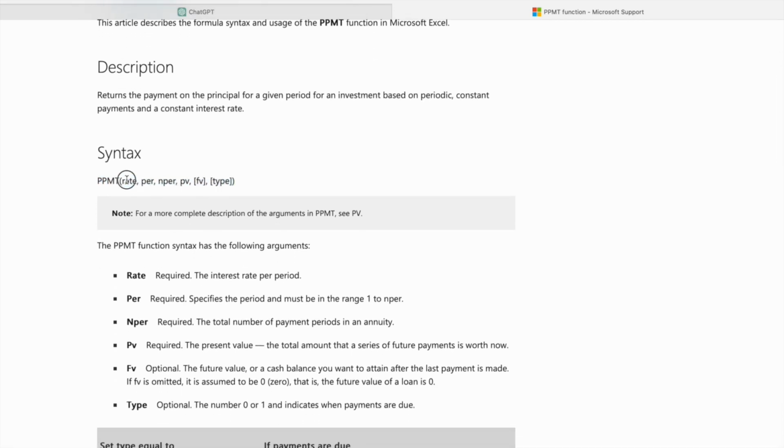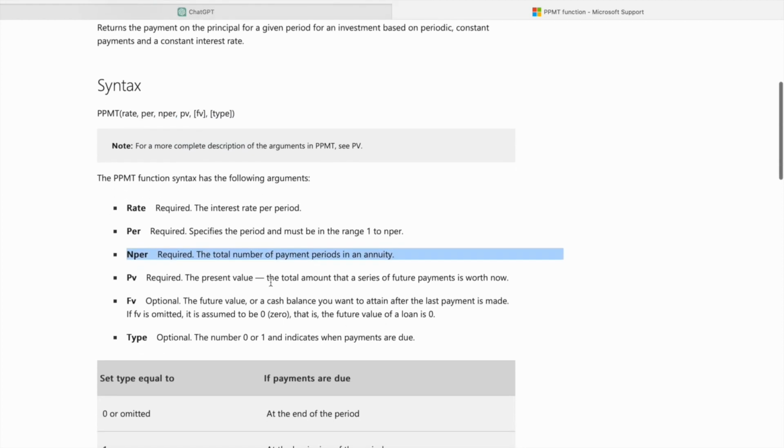First we have rate, which is the interest rate per period. Then PER, which specifies the period and must be in the range 1 to NPER. Then we have NPER, the total number of payment periods in an annuity.